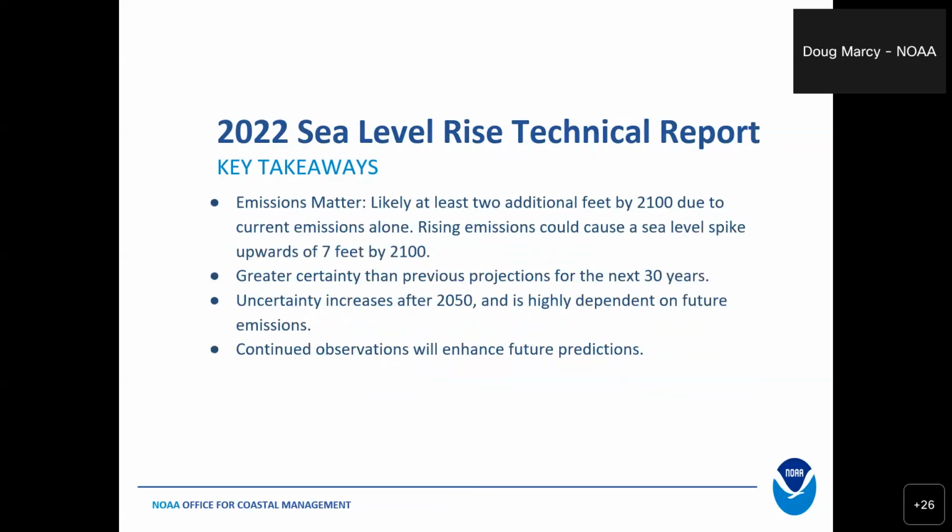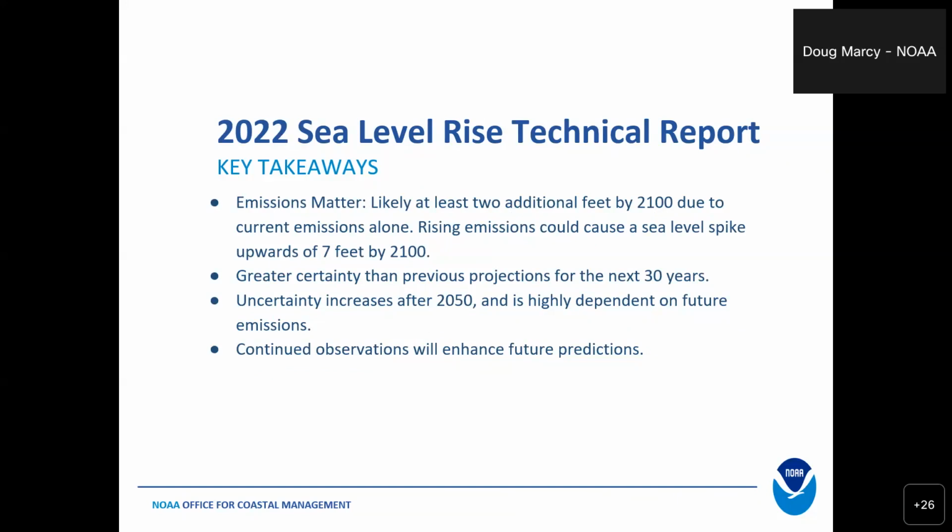And when you're looking out beyond 2050, what the report talks about is how important emissions are. All of the global climate models that they used in NCA 4 were called representative concentration pathways, RCPs. They're doing them a little differently in AR6. They're called SSPs, and they're based on temperature, and I won't go into the details there, but it's based on each half a degree centigrade increase in temperature we're going to see.